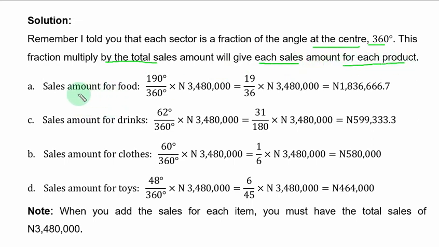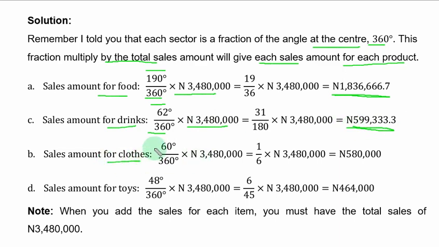So you take sales amount for food: sectorial angle for food, 190 degrees, over total angles times total sales amount. You have this sales amount for food. For drinks, sectorial angle for drinks over total angles times total sales amount. You have this sales amount for drinks.